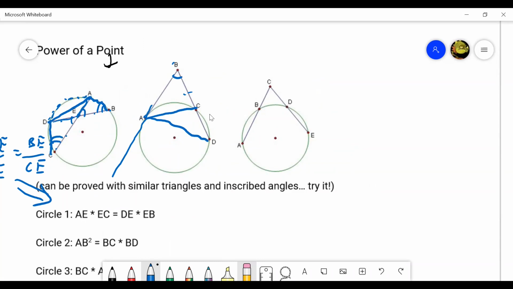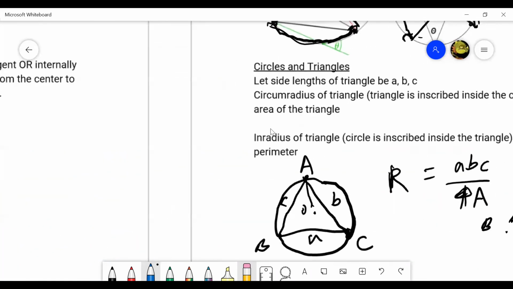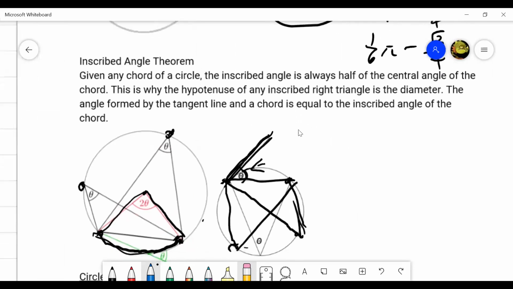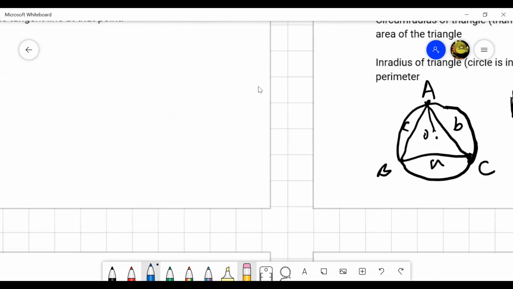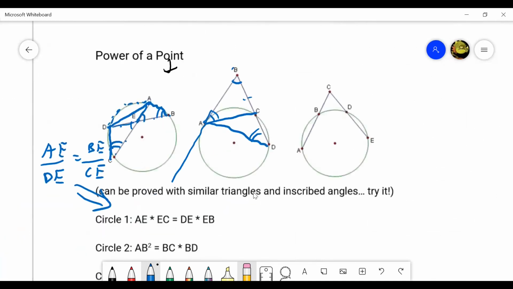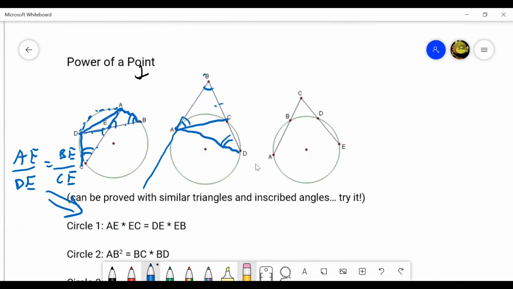And this angle right here is equal to this angle right here because of this exact theorem from the diagram. There's kind of a direct application there.